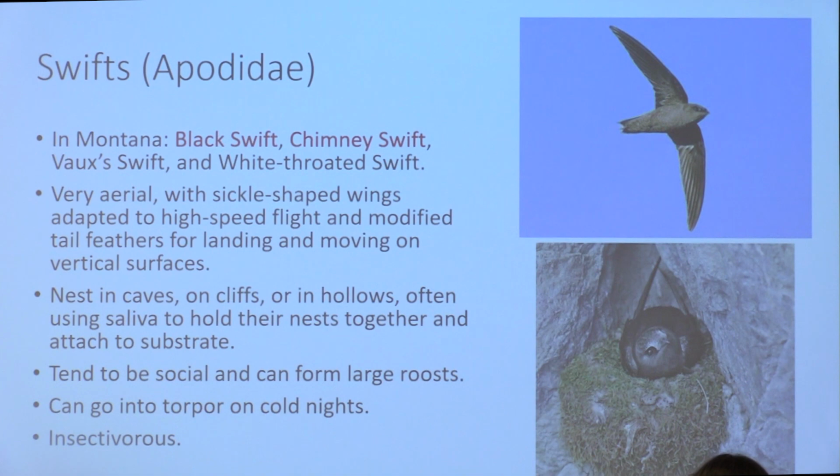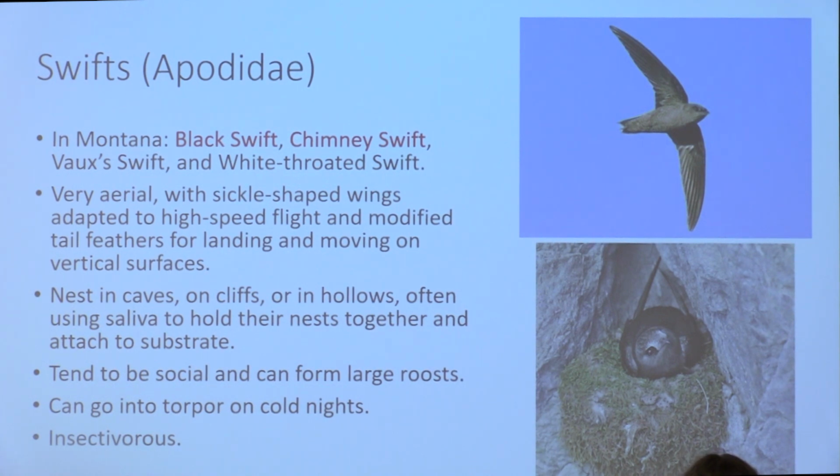They'll climb upwards on those ledges using modified feathers on their tails and then on their wings. So that's pretty cool. And then they form nests through their saliva. So they use saliva as glue, which is similar to what swallows do. So that's an example of a black swift nest within a cliff.